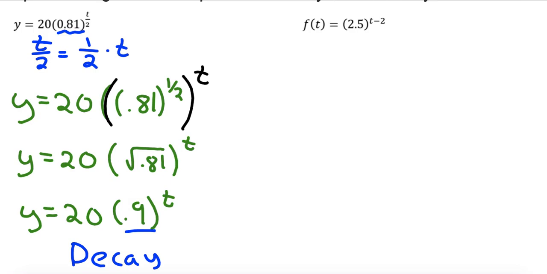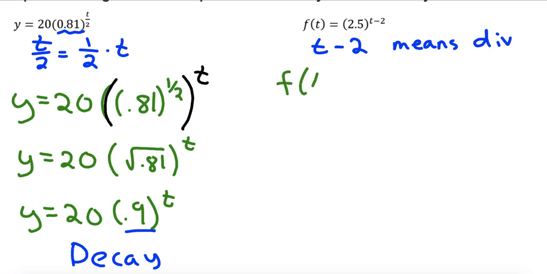If we look at the exponent, t minus 2, what property do we use if we end up subtracting the exponents? Well, that means we're dividing. So we need to rewrite this so it looks like division. And the one that comes first goes on top of the fraction, and the one that comes second goes on the bottom.